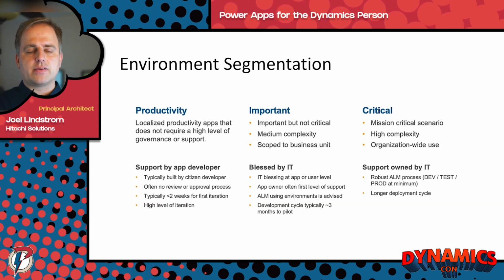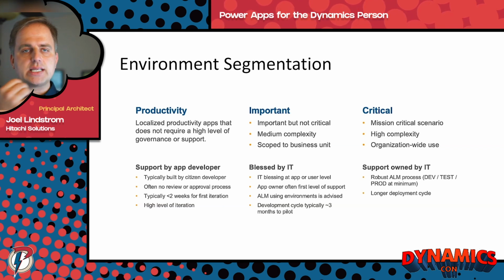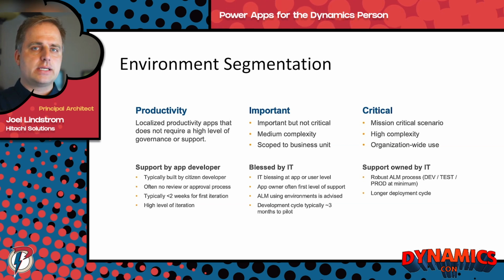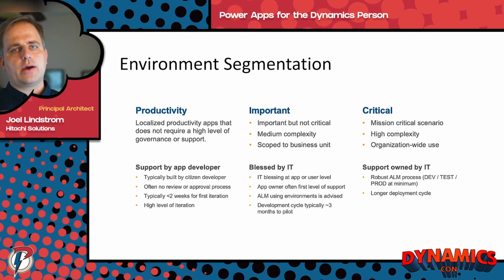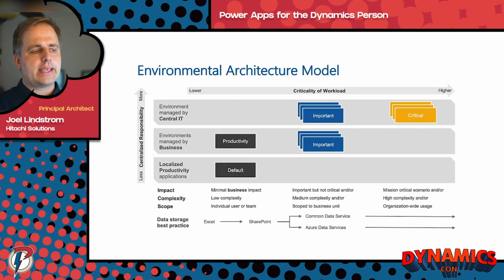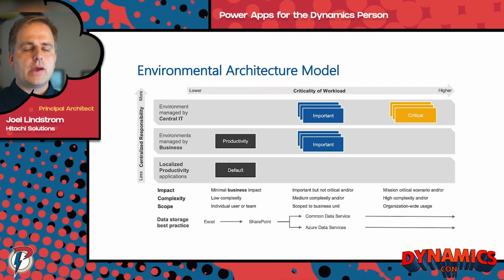Just because Common Data Service is the same platform does not mean they need to be the same database. And then you've got this middle ground, which is things that are important but not mission critical. And then you've got your ERP and your CRM and the really important critical stuff. That's what IT owns. And so it's breaking that down based on criticality, centralized responsibility, and the criticality of the workload to have apps set up.